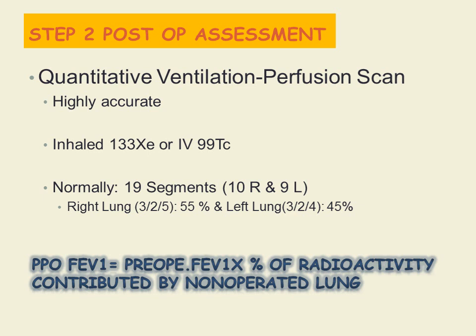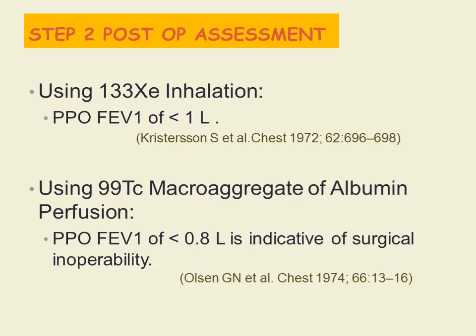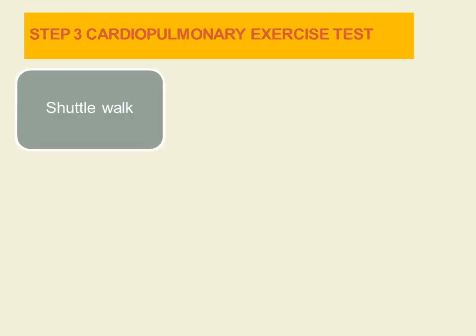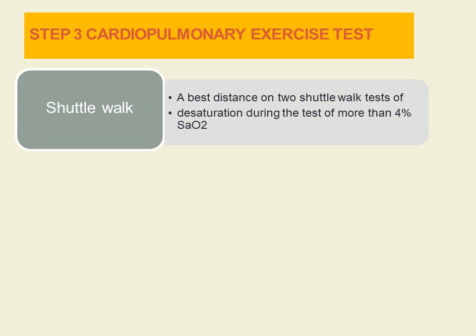The guidelines recommend that shuttle walk distance of more than 400 meters or cardiopulmonary exercise testing VO2 max more than 15 ml per kg per minute may be considered as a cutoff for good function. Shuttle walk is the best distance in 2 shuttle walks.